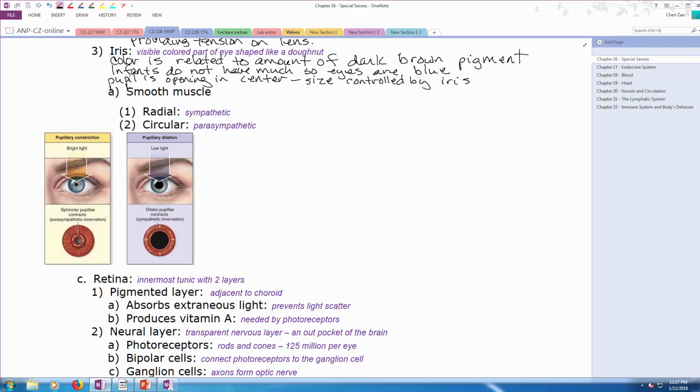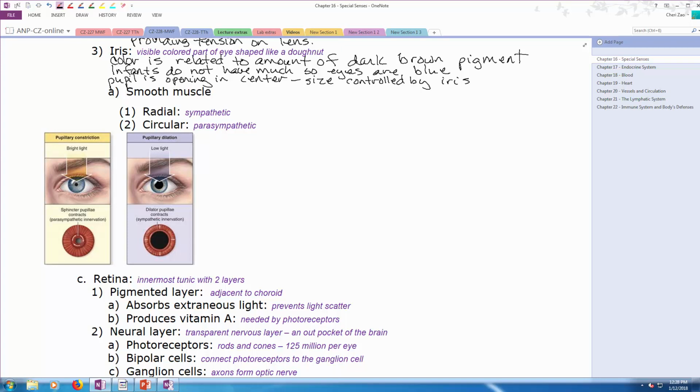So do you remember multi-unit versus unitary or single unit? Which one gives you the peristaltic wave? Is it multi-unit or unitary or single unit? Single unit gives you the peristaltic wave. And so our iris, the innervation to our iris, is not the single unit or unitary wave.